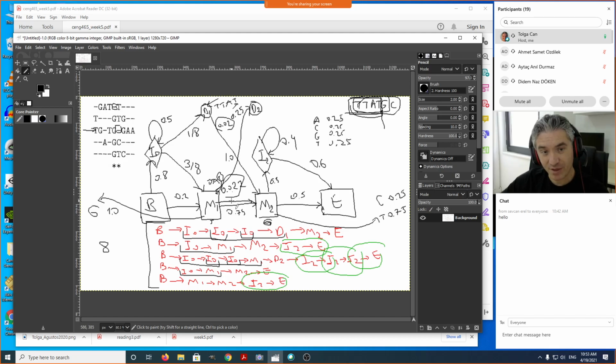So this multiplied with this, and 0.02 multiplied with 1, whichever is larger, that's going to be my best path, the highest probability path that ends at M2 and the last symbol that is observed is G. By the way, in order to compute the probability of this path, I need to also multiply the emission probability of G at M2. Right now, for this specific profile hidden Markov model, this is going to be 0, because the emission probability of G at M2 is what? 0, right?